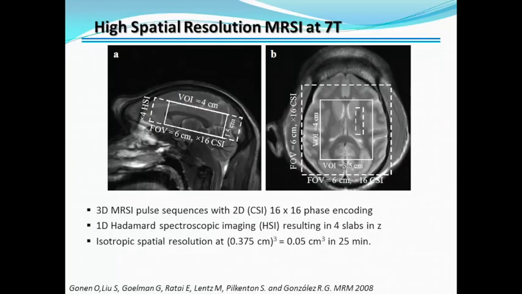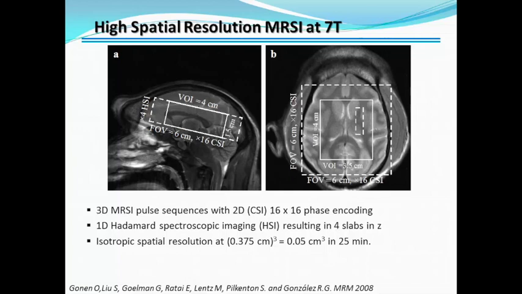The other thing is spatial resolution. So we can make our voxels smaller. Normally for MRSI we used 1 cubic centimeter. So we started a collaboration with Oded Gonen from NYU and implemented a 3-dimensional MRSI pulse sequence on the 7 T with like 16 by 16 phase encoding, and then it had this Hadamard encoding in the Z direction.